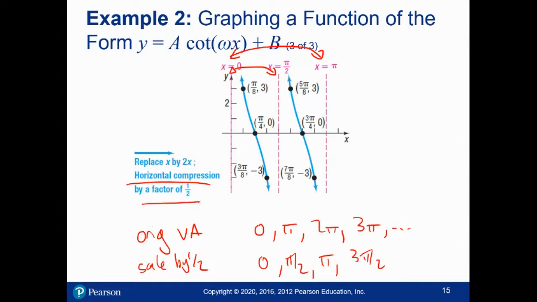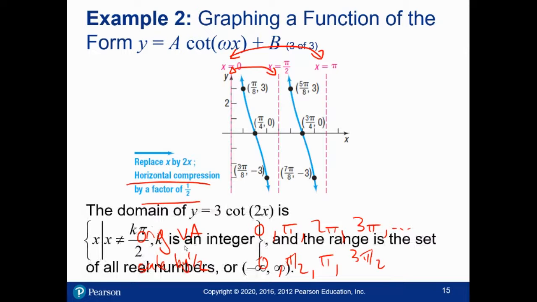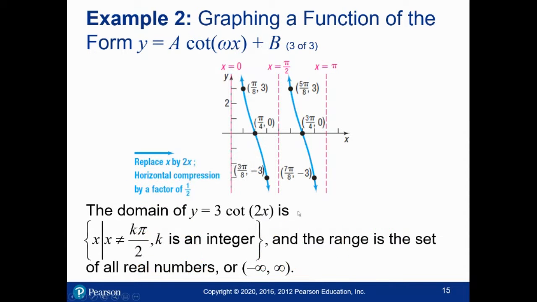This horizontal compression doesn't change the range. Whatever up and down motion I had, I still have. But it has changed the location of the vertical asymptotes by making them occur twice as frequently. The distance between them is half as long. So the domain has been changed now because the vertical asymptotes got moved. So I can't put in pi/2 or 2 pi/2 or 3 pi/2, etc. But the range is still all real numbers.